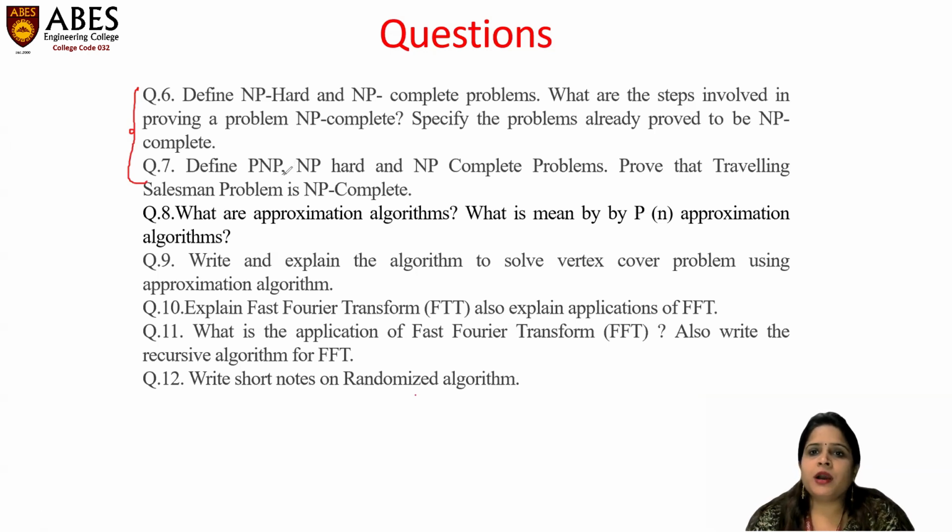After that, take any example, because no specific example is mentioned. You can take an example like the traveling salesperson problem or the 0/1 knapsack problem, and with the help of these problems you can show how we can convert an NP hard problem to an NP complete problem.